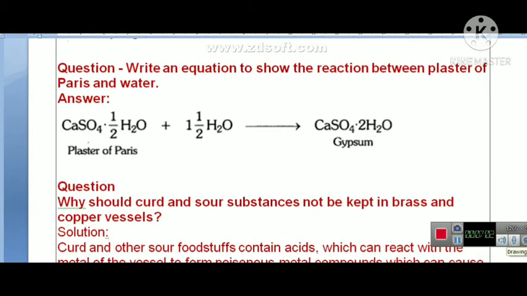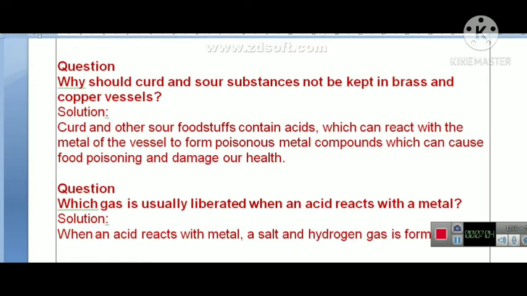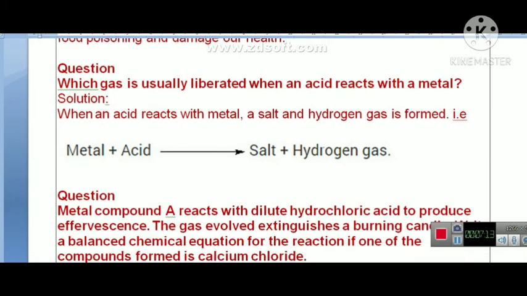And why should curd and sour substances be avoided? Which gas?